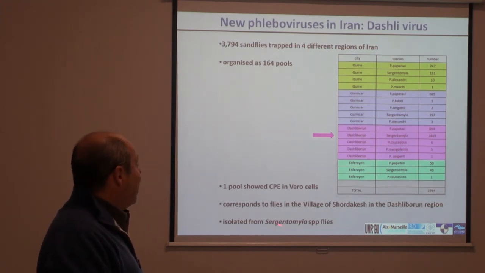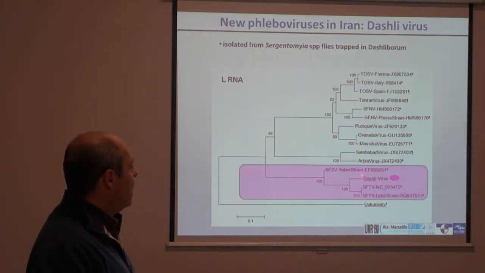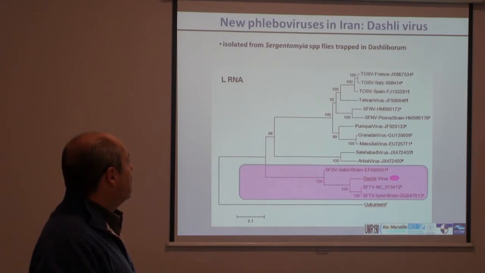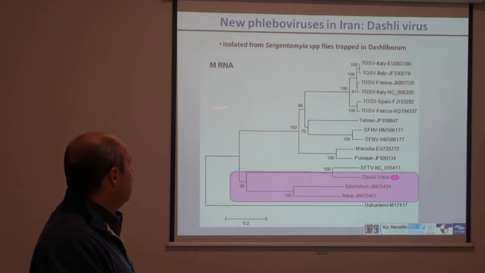And the flies were not phlebotomine flies, but they were Sergentomyia flies. Here you have the phylogenetic position of Dashli virus, a Sicilian-like virus, based on analysis done on the polymerase. In the glycoprotein, the position is the same.